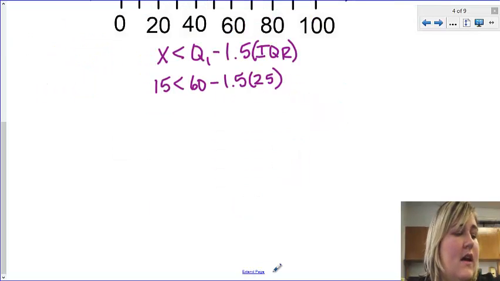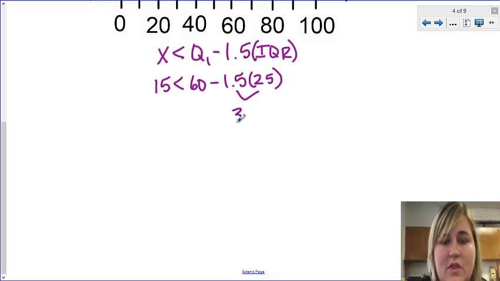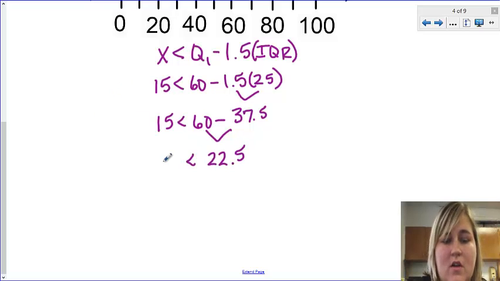Let me get my calculator out here. I'm going to take 1.5 times 25, because I'm following order of operations. It gives me 37.5. Bring everything else down. Then I have 60 minus 37.5 gives me 22.5. So, is 15 less than 22.5?